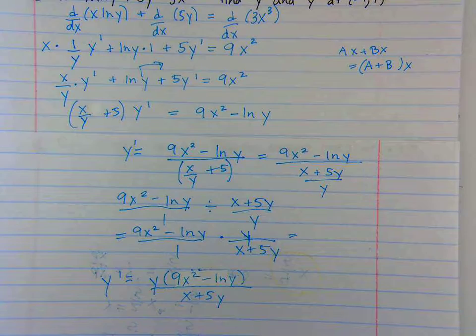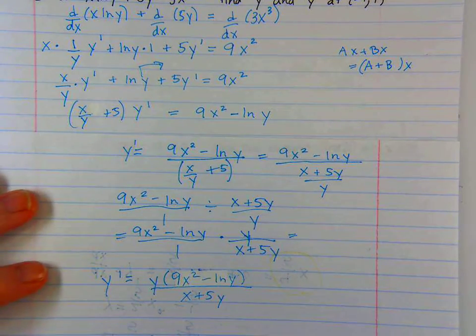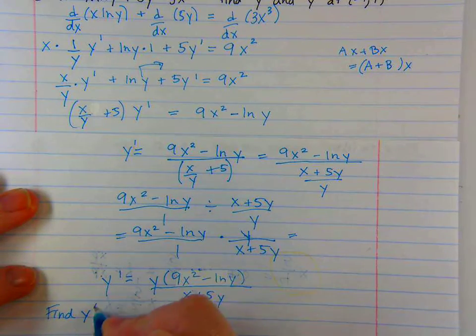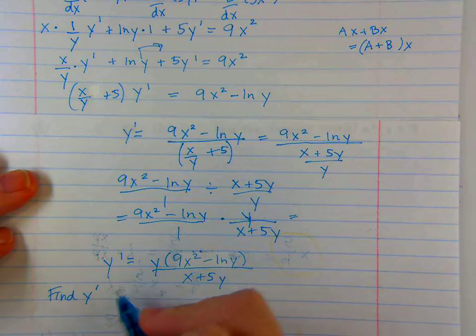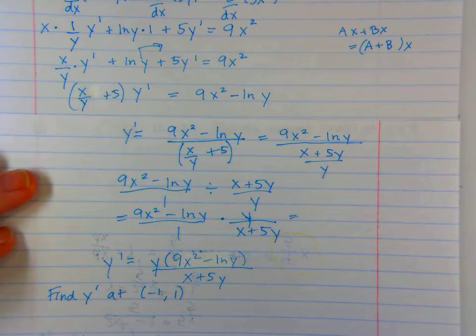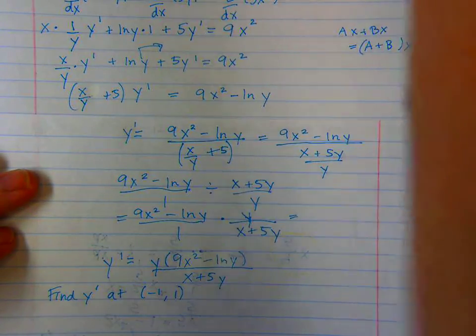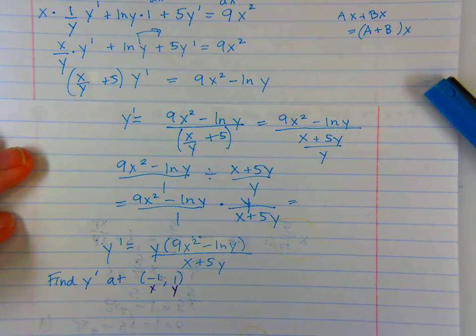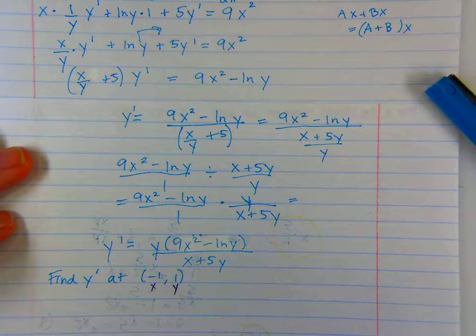Okay. The next part of this problem said we wanted to find y prime at negative 1, 1. Okay, so what this gives us is an x value and a y value. And I'm going to take those and plug them in.